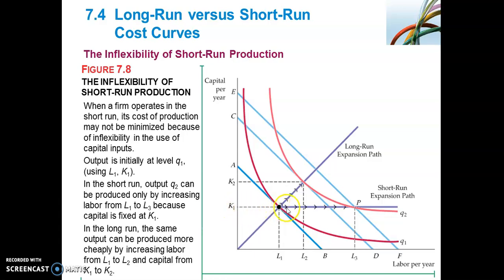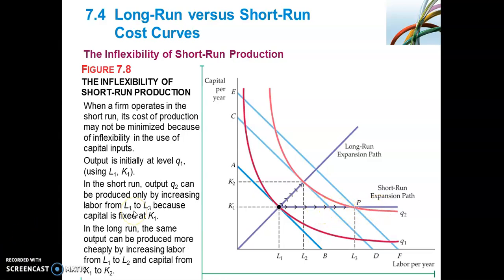So then you would find yourself at point P on isocost EF, and output Q2 can be achieved in the short run, but as I said, it came about as a result of your labor input increasing between L1 and L3 because K1 was fixed. So therefore, your short run expansion path follows from the origin through to K1, but with K1 being fixed, your short run expansion path then becomes a horizontal line.